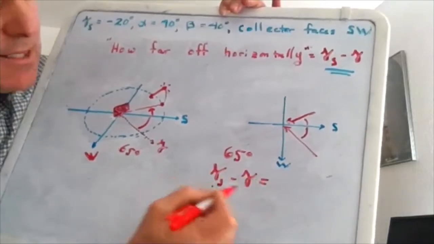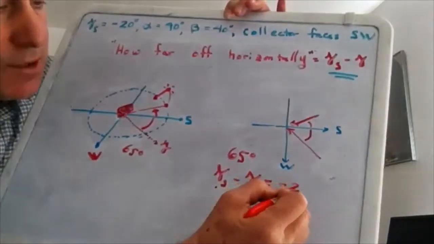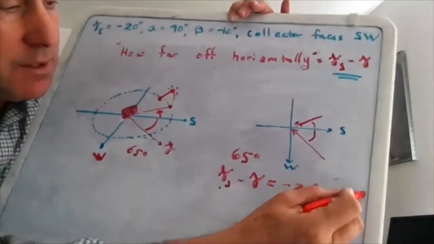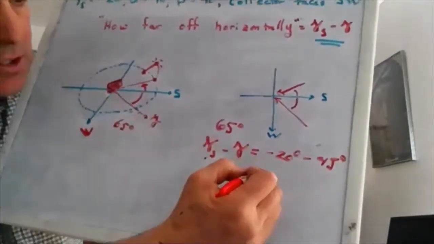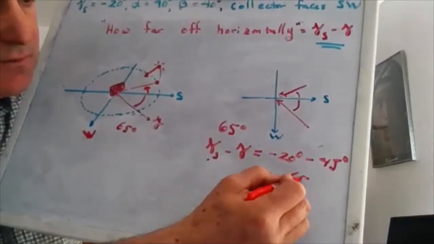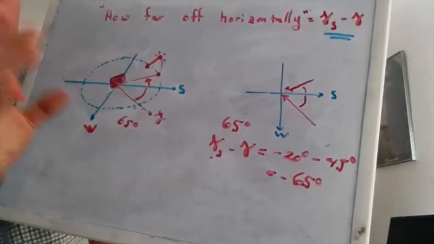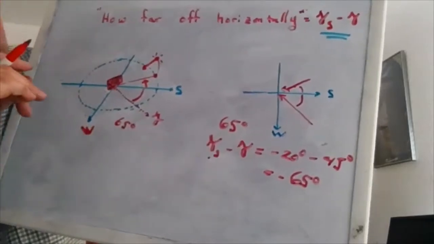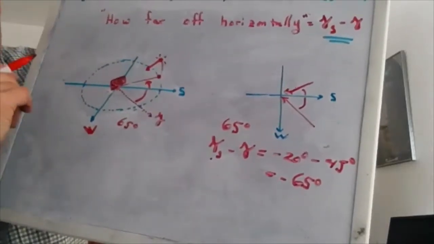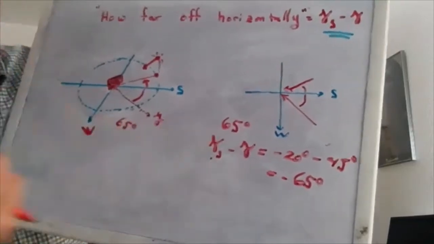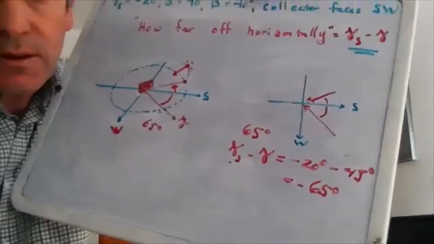Well, gamma s is equal to negative 20 degrees, and gamma is 45 degrees. Sorry about my writing. So we actually, strictly speaking, get a negative 65 degrees. It turns out that that negative is not important mathematically, as you'll see in a few minutes. But it's basically giving the same result. We're off by 65 degrees either way.